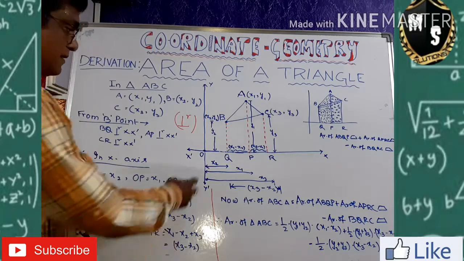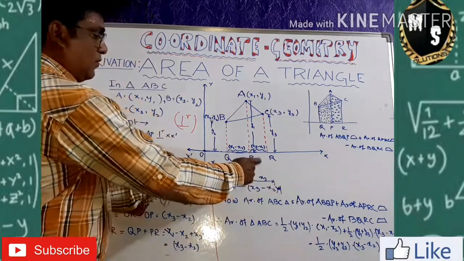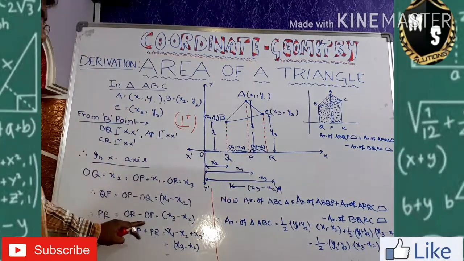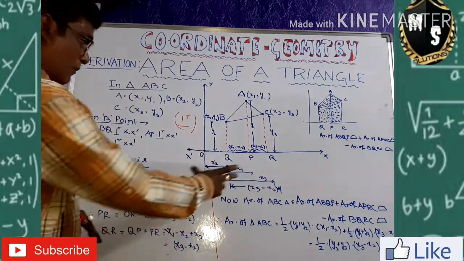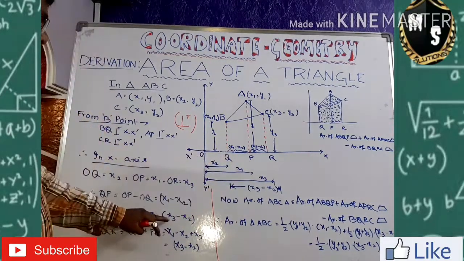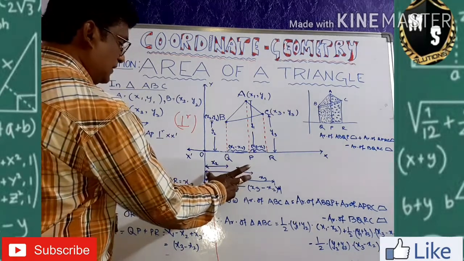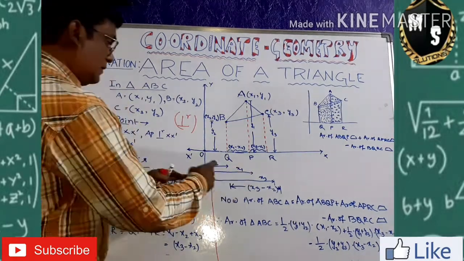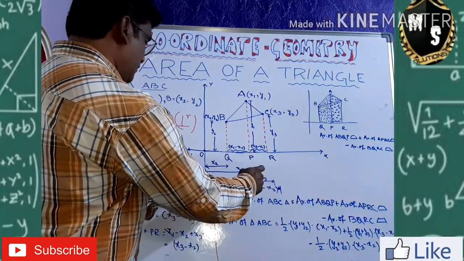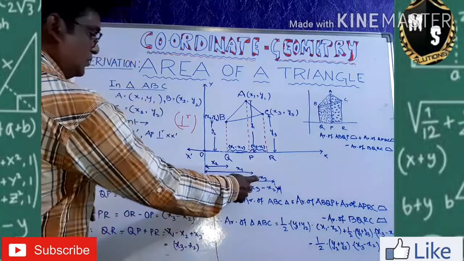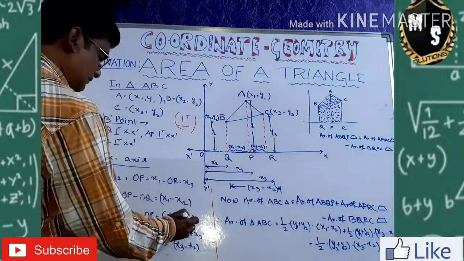Next, what is PR? P to R. This is OR minus OP. What is OR? x3. What is OP? x1. So it is x3 minus x1.